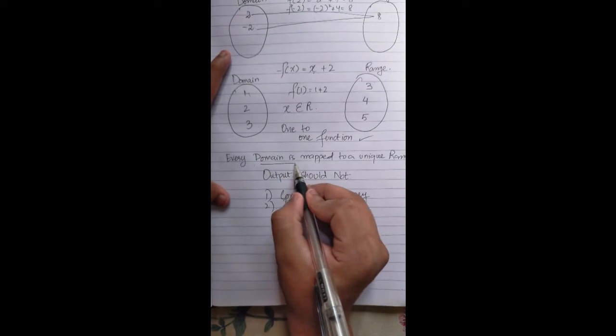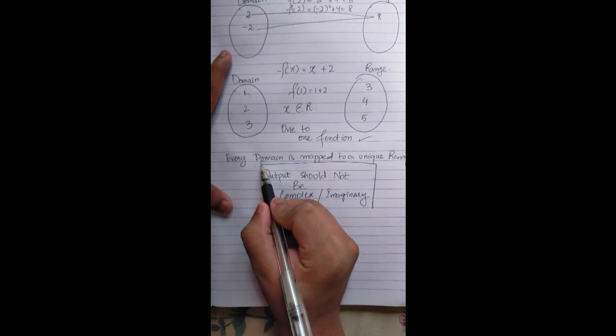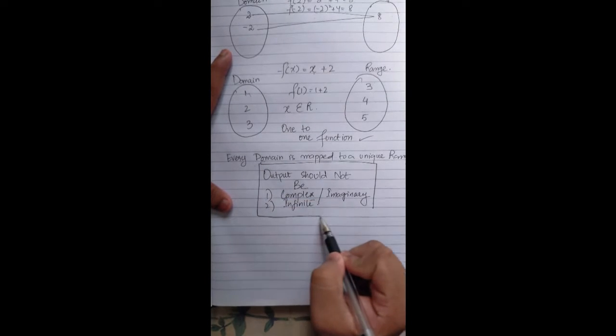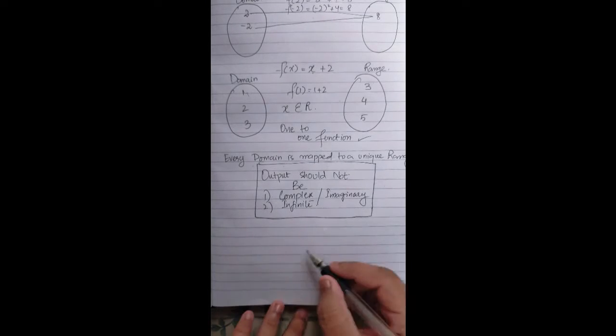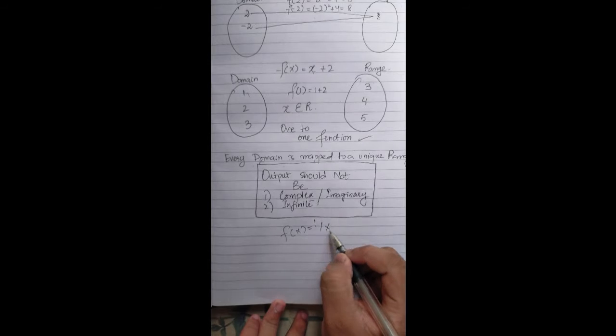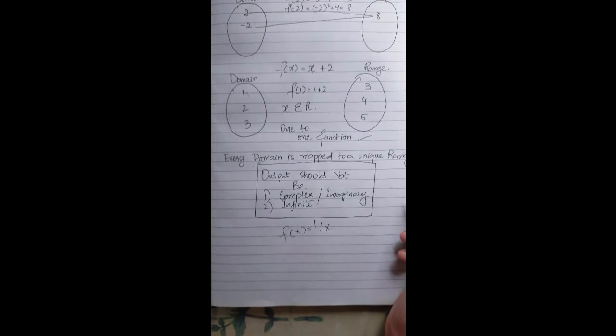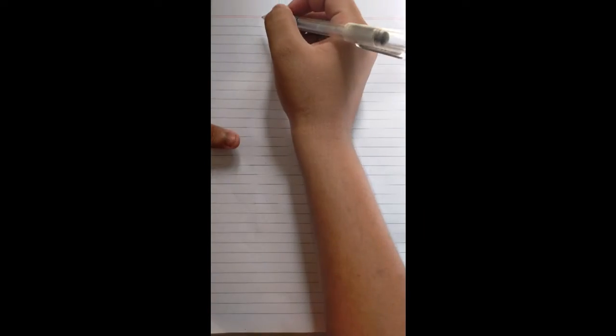The output should not be this. Any input that gives an output that is complex or infinity will not be part of the domain, which I have shown you for the example of this function behind. So now let's discuss in detail the composite function.